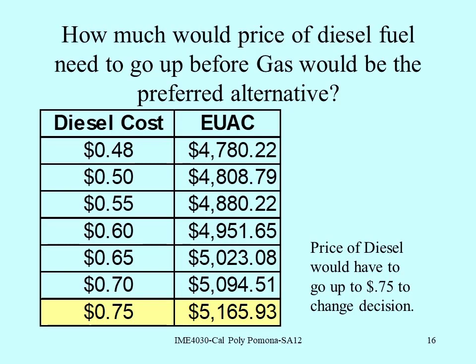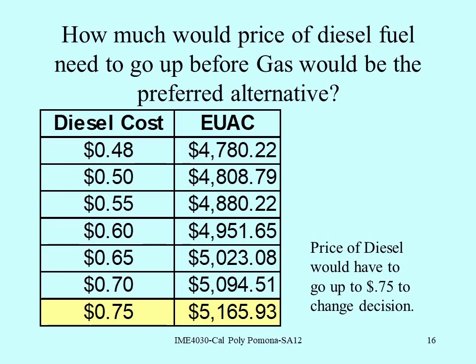And by just plugging in different values of diesel cost, we can see what the EUAC for the diesel option becomes. And it turns out that the price of diesel would have to go up to 75 cents a liter before the gasoline alternative becomes preferred. Now this is good information because somebody might be able to make a pretty good judgment about the likelihood of diesel fuel costs going up from 48 to 75 cents with gasoline holding the same. But it gives you a chance to evaluate that parameter in your analysis.